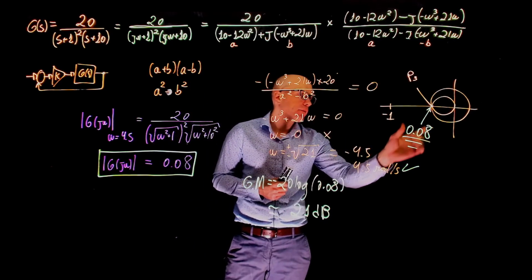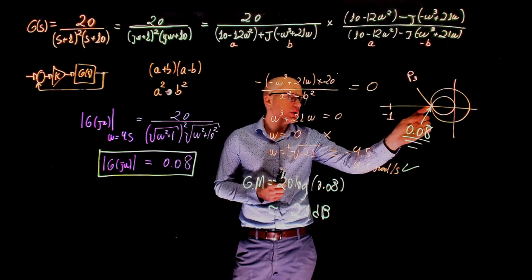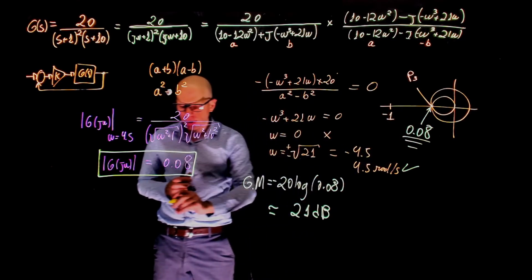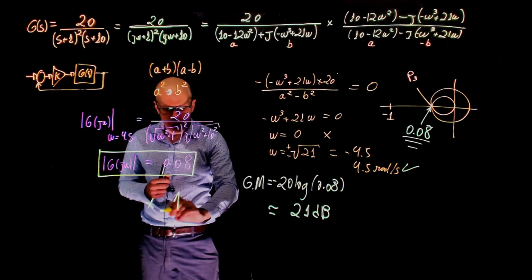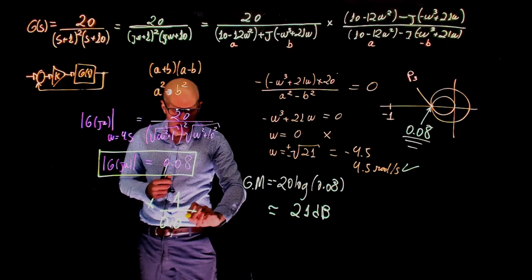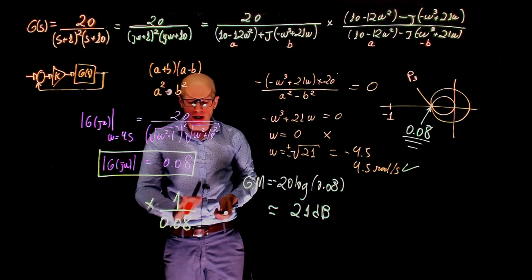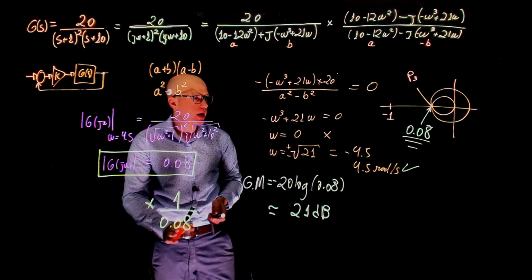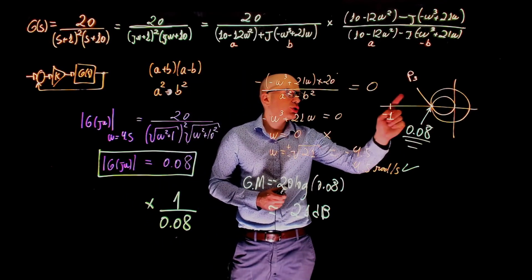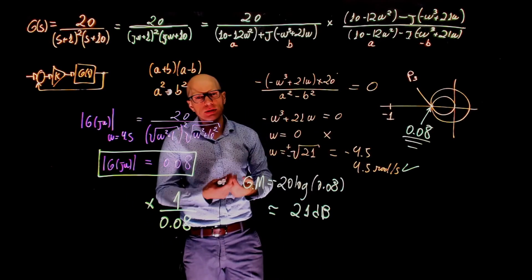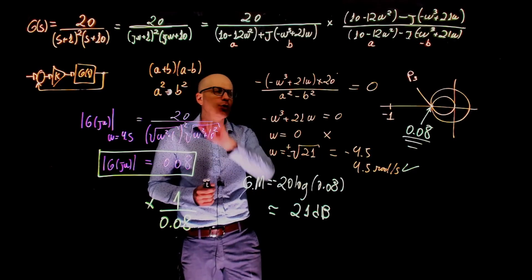How do we make 0.08 now that this point shift to 1? Well, we have to multiply the transfer function by 1 over 0.08. If you multiply the transfer function by 1 over 0.08, then this point shifts to -1. We are encircling -1 twice. The system will become closed loop unstable with two unstable poles.